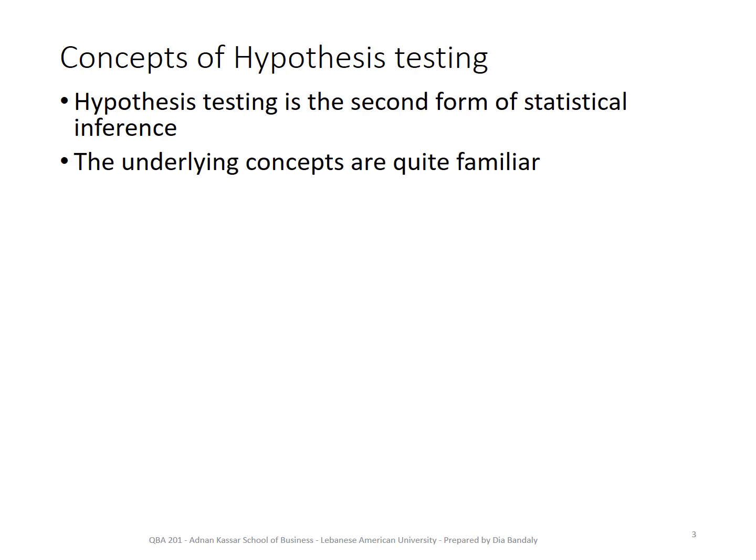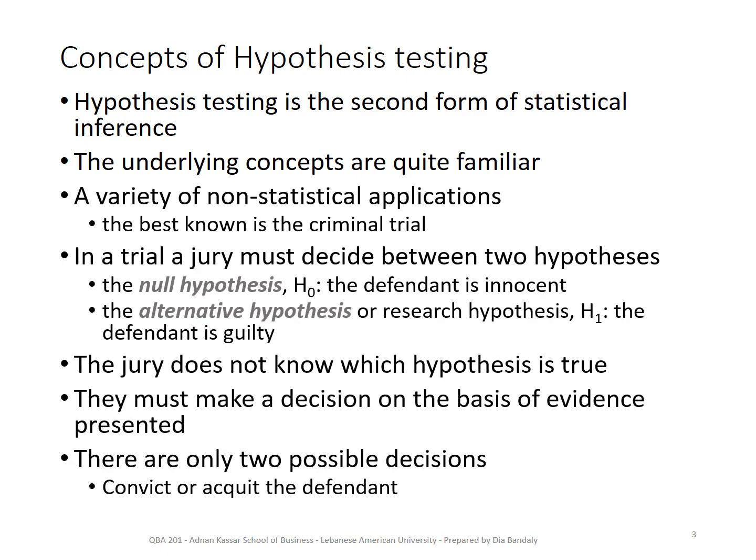However, you should know that hypothesis testing is more used than confidence intervals. This is what we're going to learn in this topic. In fact, the underlying concepts of hypothesis testing is very familiar, and we know that there are so many applications, but a widely known one is the criminal trial, right?